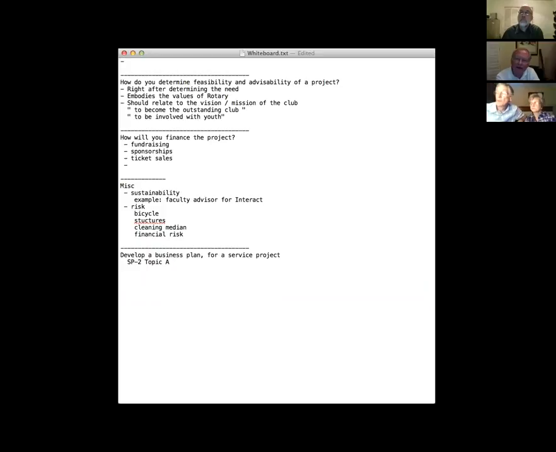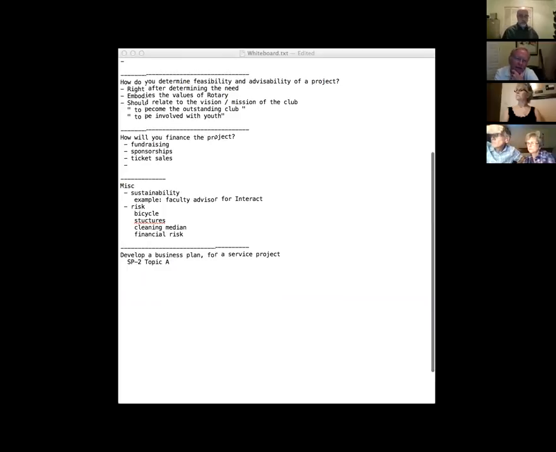Everybody has the handout, right? Yes. And look at item A. It's a service project. Everybody read that and talk about what's the approach we're going to use.